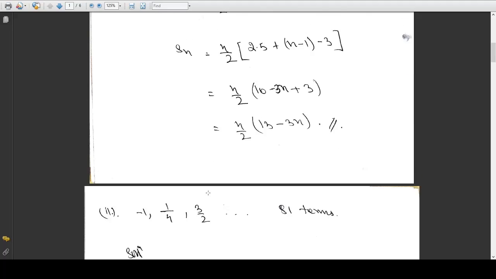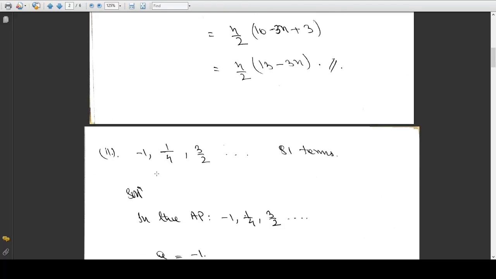Next, we'll have number 2. The first term, second term, third term, up to the 81st term are given. Here n is given. It's not n, but the nth term. Are you clear? n is the number of terms. Here it is up to 81 terms.